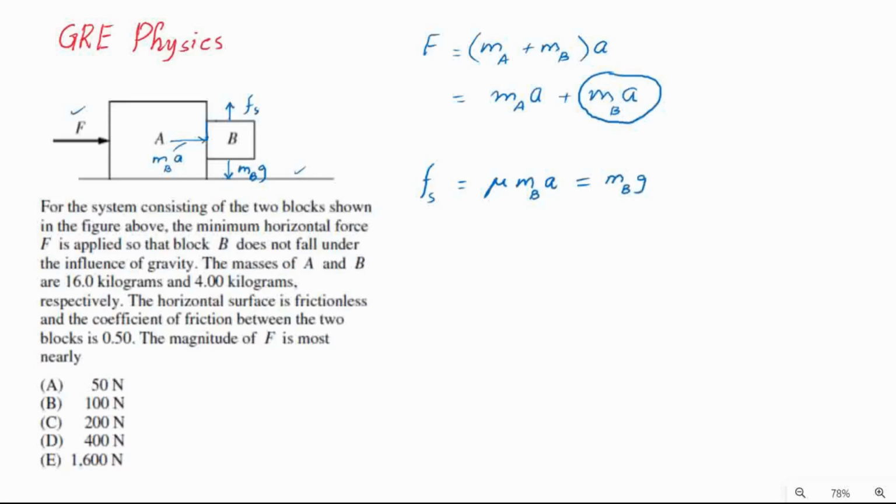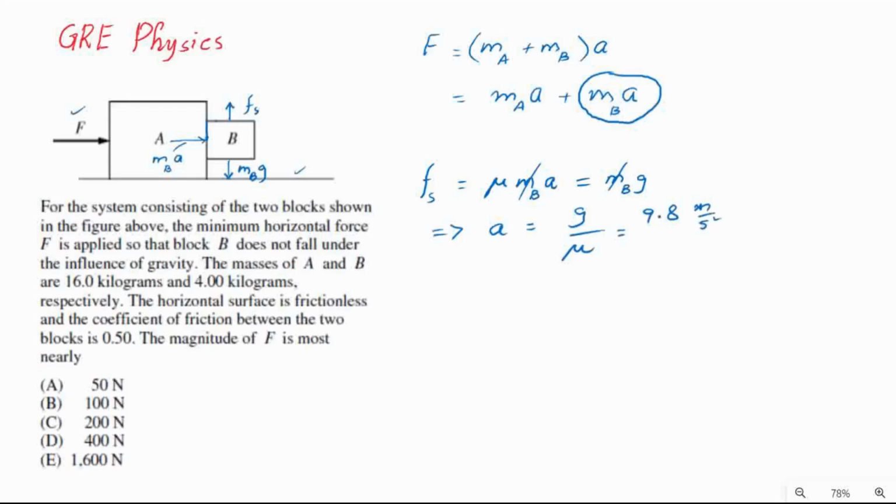Now you see the mass cancels out here, and I get from here the value of A equal to g divided by mu.